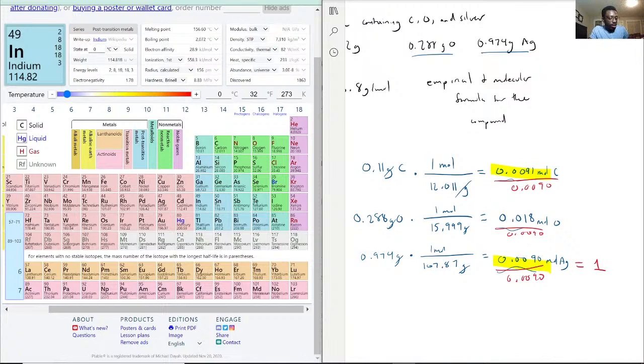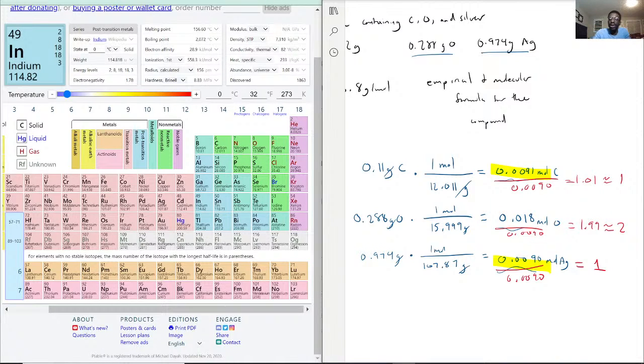For the oxygen, 0.018 divided by that is 1.99, and you just round it to 2, because you want the ratios to get your empirical formula. And the carbon, divided by the same, is 1.01, which you round to 1.